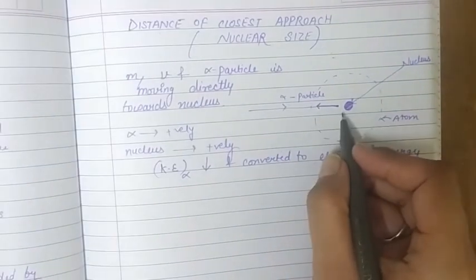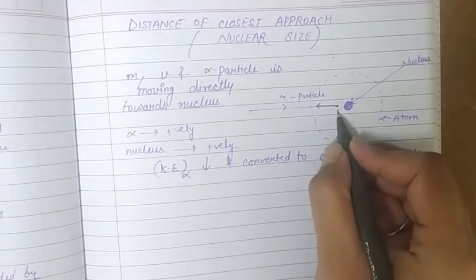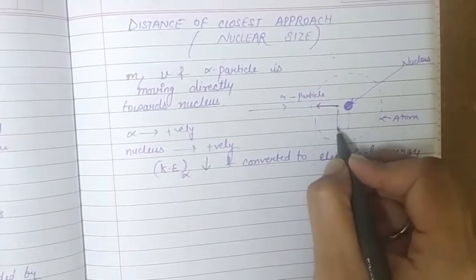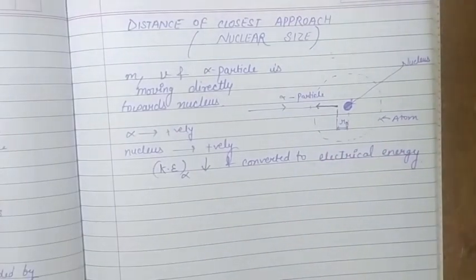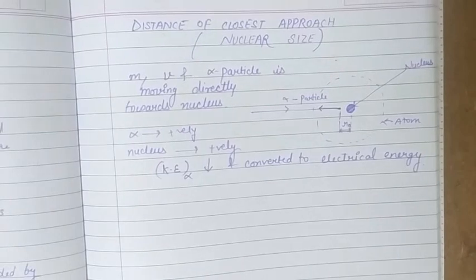This distance from the nucleus is denoted by r naught and is called the distance of closest approach.